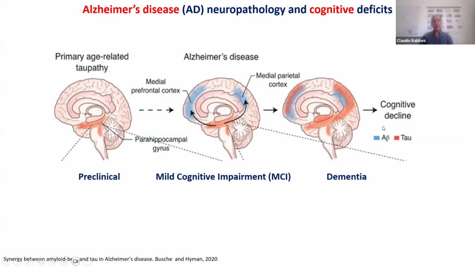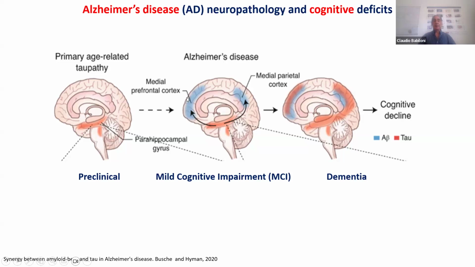In brown, you have tauopathy. In blue, amyloid beta 42 accumulation. You see that in the natural history of Alzheimer's disease, the tauopathy appears in advance, even when you don't have the clinical symptoms, no cognitive deficits.